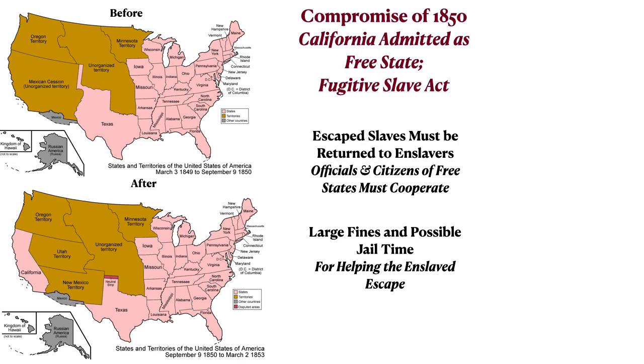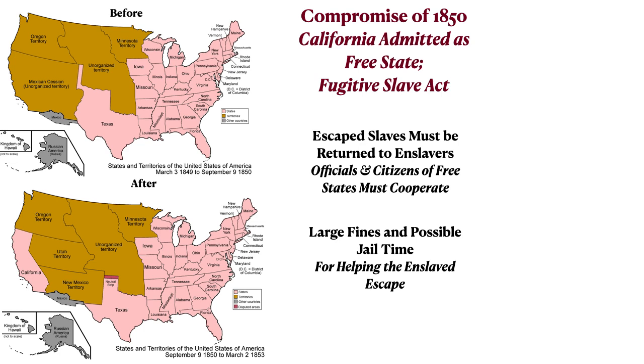So anyway, under Millard Fillmore, this Compromise of 1850 was worked out in Congress, signed by the president, and it allowed California to come in as a free state, which upset a lot of people in the South because it upset the balance between free and slave states.